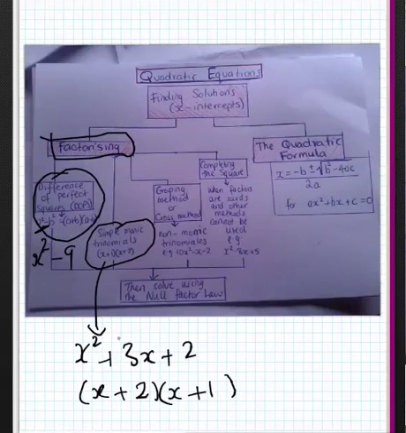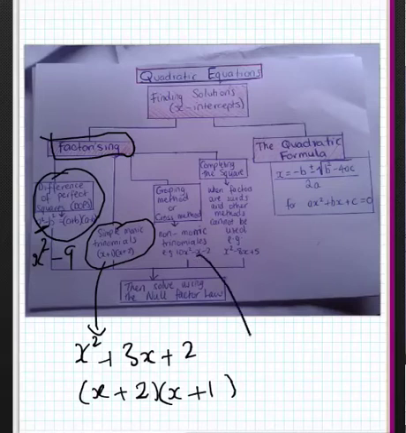And our next method we may have to use is the grouping method. Or I've also put the cross method. Some of you may prefer to use the cross method, but we have learnt the grouping method because it is more direct and we get our answer much easier. So an example of when to use the grouping method, there's an example just here.